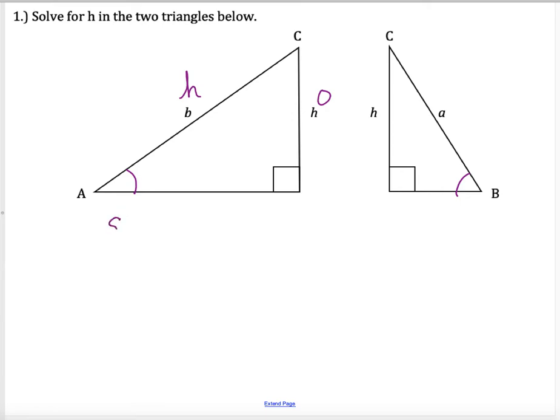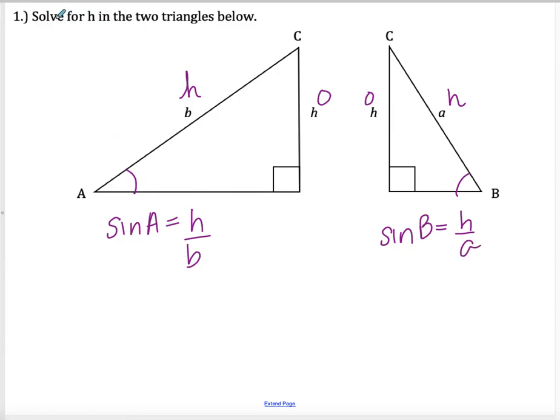So the sine of angle A is going to equal h divided by b. And on this other triangle, h is again the opposite, and a is the hypotenuse. So the sine of B would equal h divided by a.